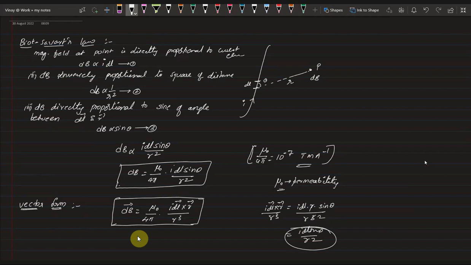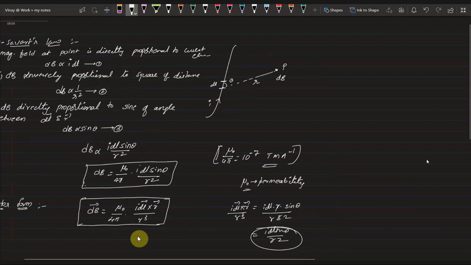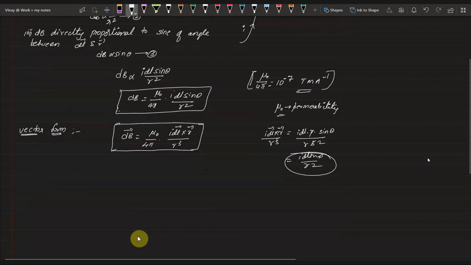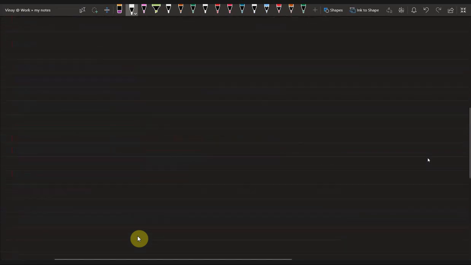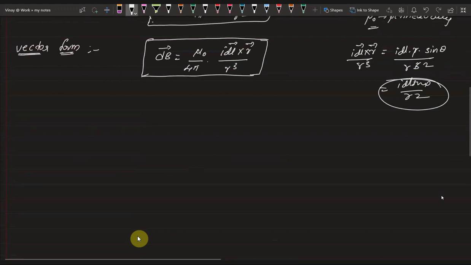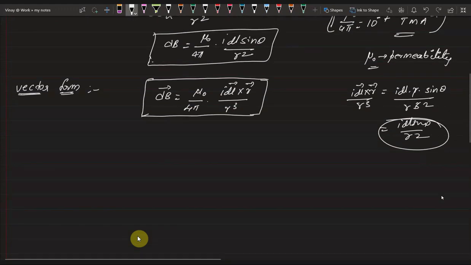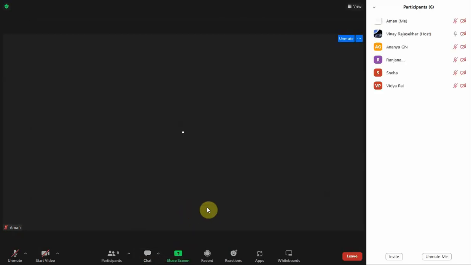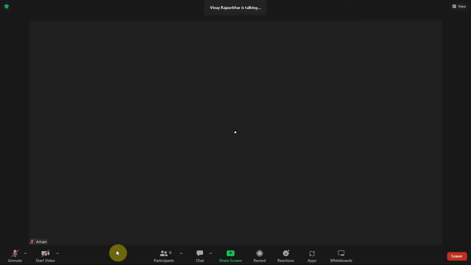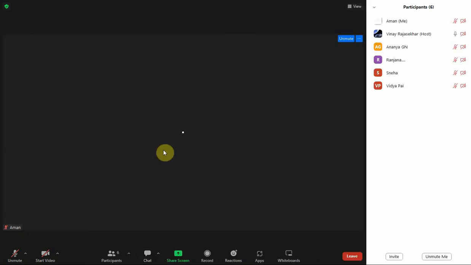Shall I explain the next part? Yes. So write down few note points, which is very important for competitive exams. Just give me 1 second.